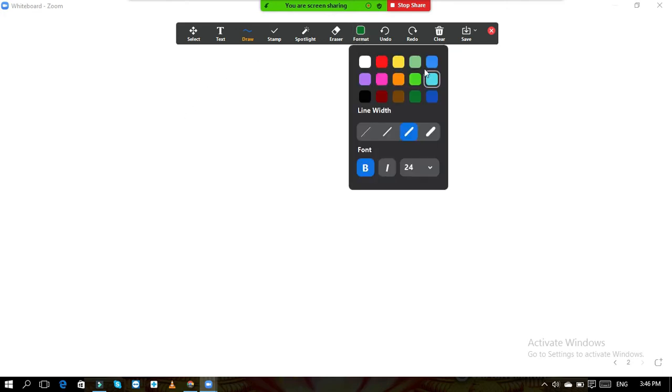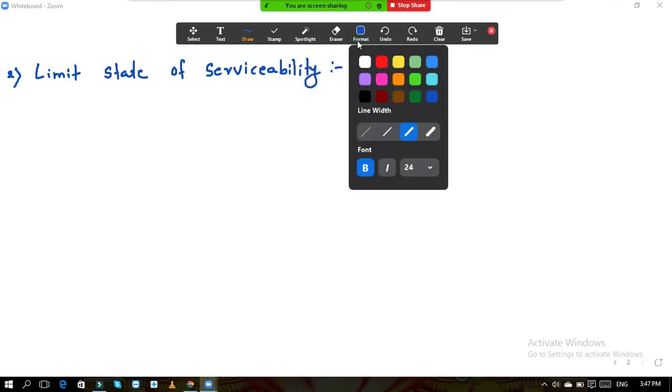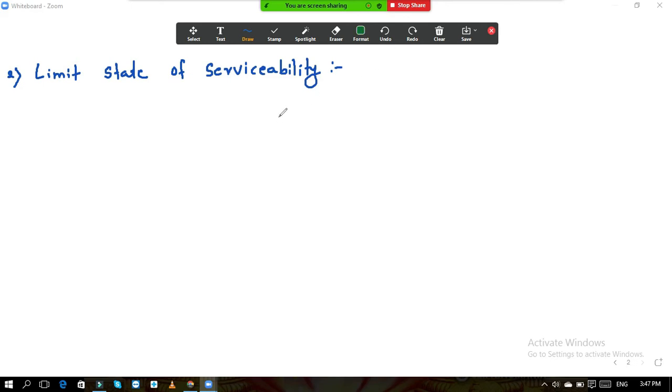Then the next is limit state of serviceability. So the next type is limit state of serviceability. Let us see what this says.